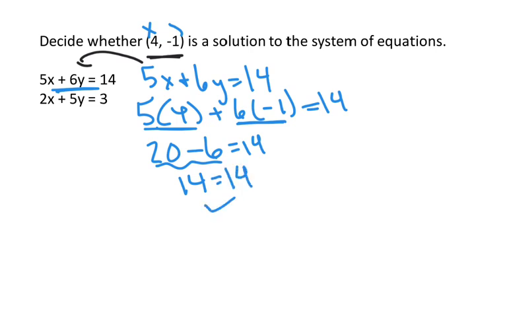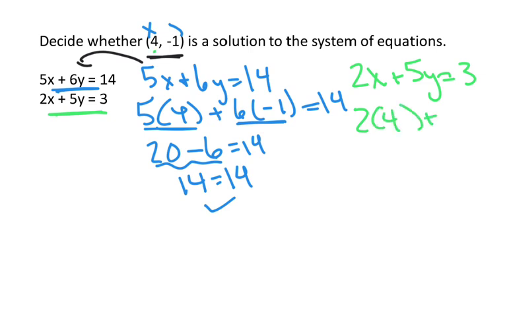So it works there. But if it's a solution to the system, it has to work in the bottom equation as well. So 2x plus 5y equals 30. Same thing, fill in our x and y again. So our x once again is 4 plus 5 times our y, which is -1. We have to see if that gives us 30.